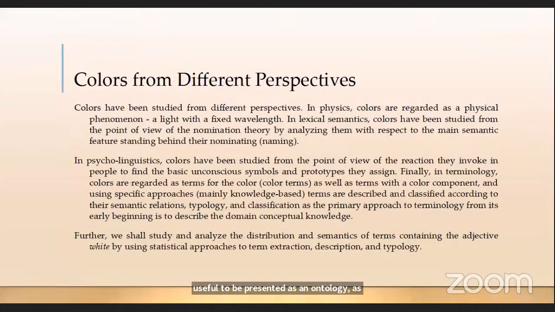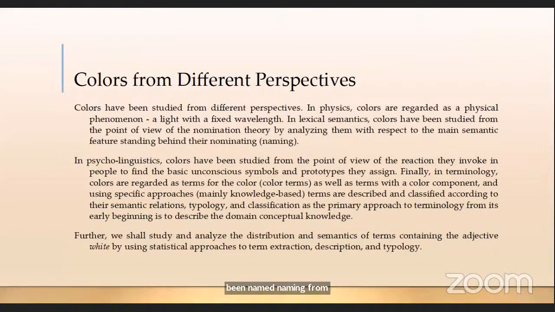As we know, ontology can be extracted using several approaches. First of all, I'll skip through the colors a little, because colors have been studied from different perspectives. From the point of view of physics, color is light with a fixed wavelength. In lexical semantics, colors have been studied from the point of view of nomination theory, or the way colors are named.